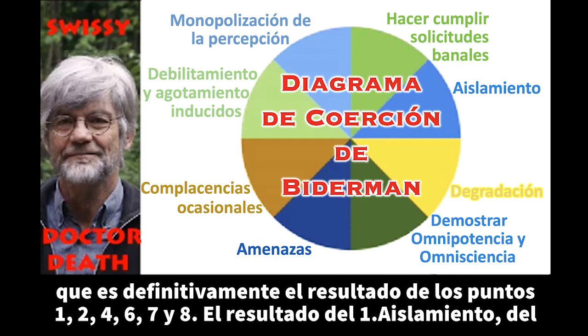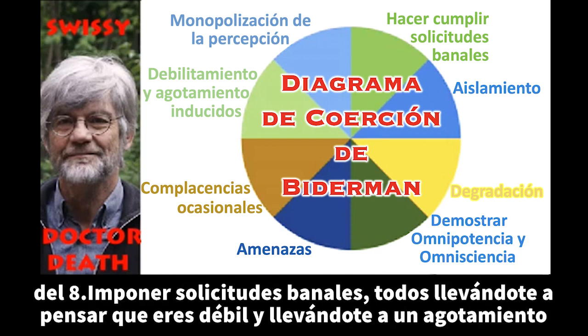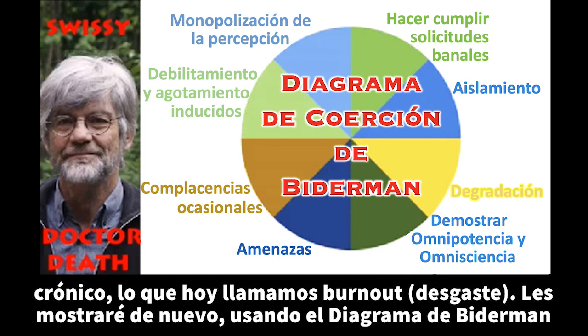A result of 1, isolation, of 2, monopolization of perception, of 4, threats, of 6, demonstrate omnipotence, of 7, degradation, and of 8 enforcing trivial demands, thus all leading to make you think that you're weak and leading to chronic exhaustion, which we call a burnout today.